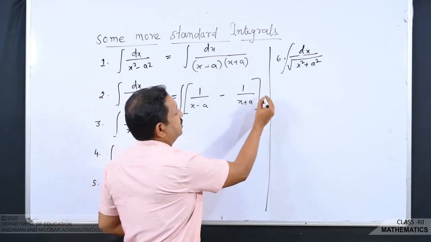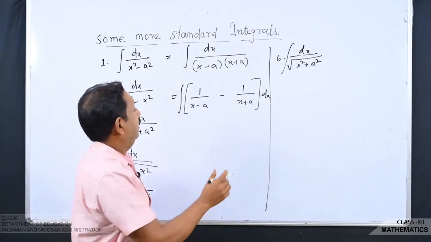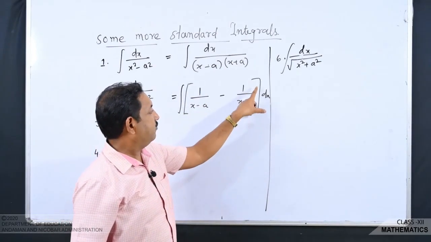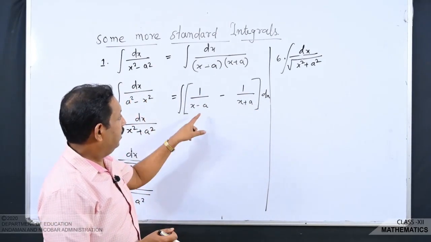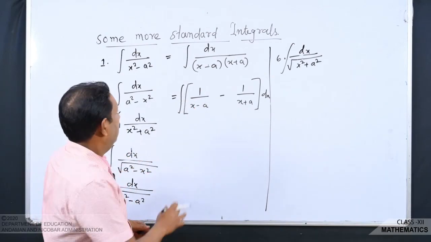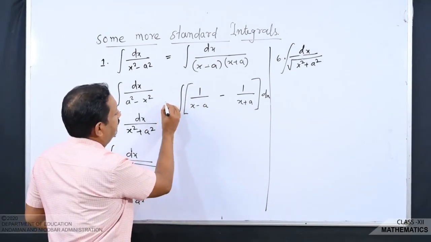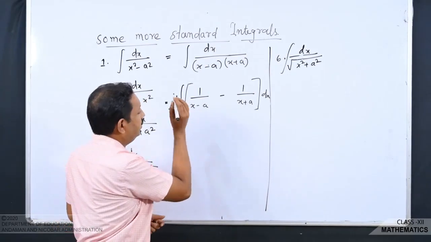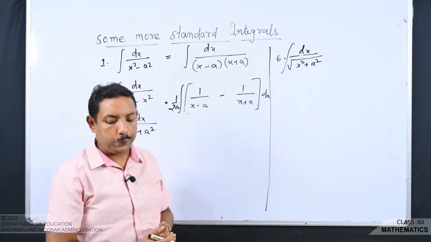So this is dx. Now look here, x plus a minus x minus a, that means you will get 2a in the numerator, and that 2a we can cancel over here. So you will get the same thing only.